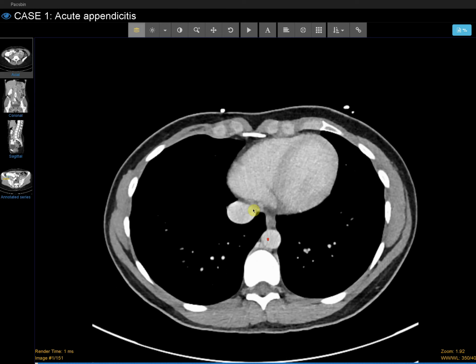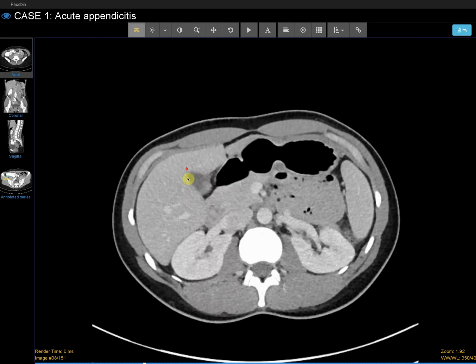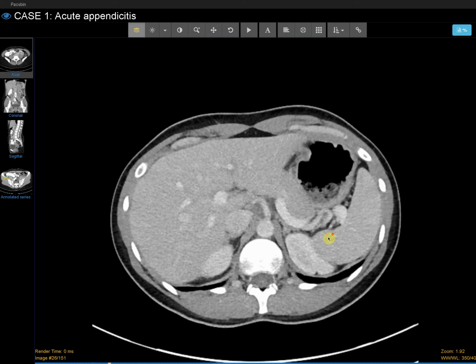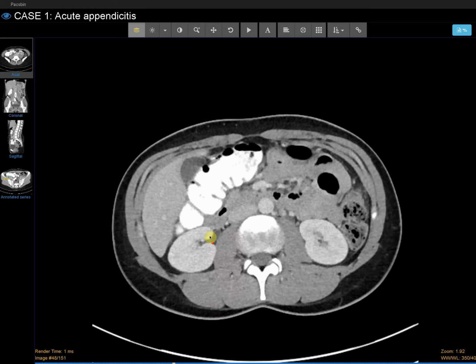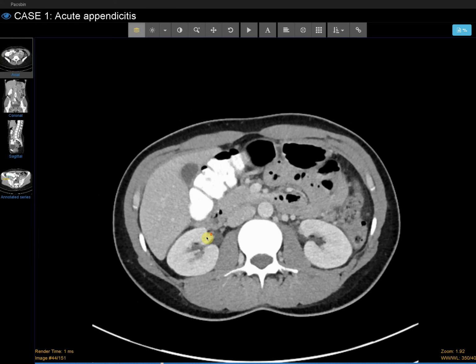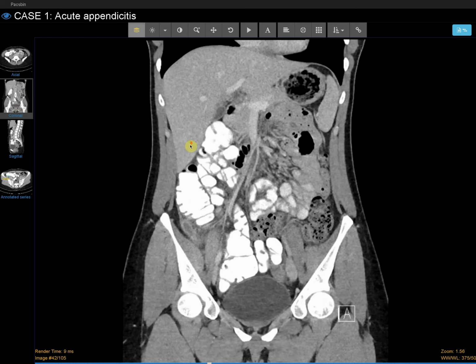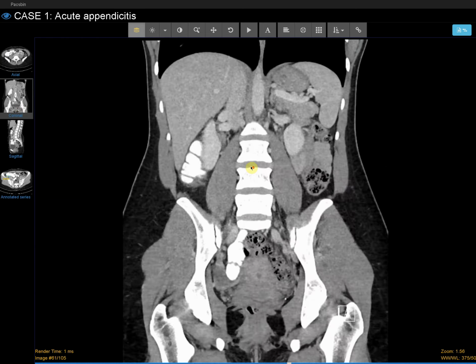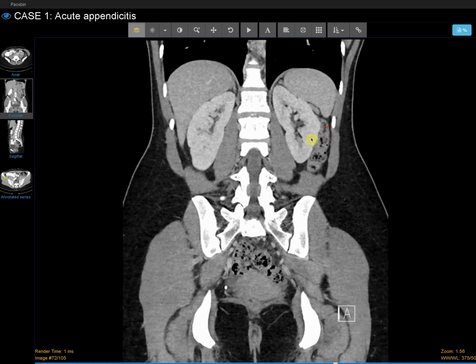Now I follow my search pattern. So I go down, look at the liver in more detail, gallbladder in more detail, spleen in more detail, my pancreas, my adrenals, my kidneys, follow the ureters down. In this case, it's pretty hard to follow the ureter. This lady is pretty skinny, but I lose my ureter around here. But if I look at it coronally, I didn't see a hydronephrosis.